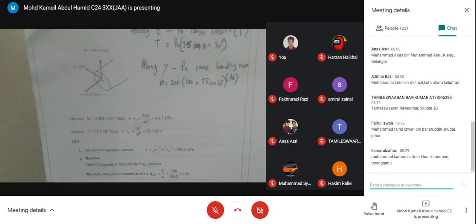32M over pi d cube. You get your sigma X, 194.5 megapascal. Then the torsion equation: 16T over pi d cube, so 22.1 megapascal.